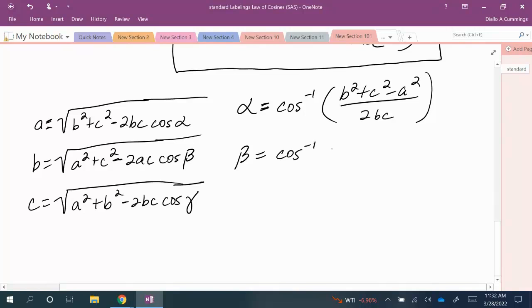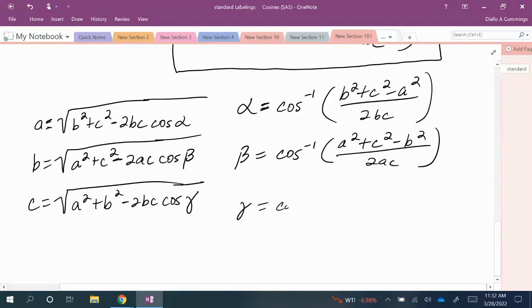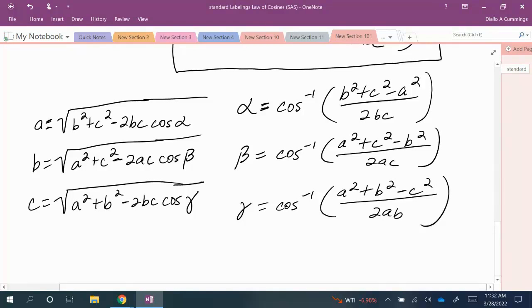Beta is equal to the arc cosine of A squared plus C squared minus B squared over 2AC. Gamma is equal to the arc cosine of A squared plus B squared minus C squared over 2AB. All right, I'll give you a second to write down all of the formulas.